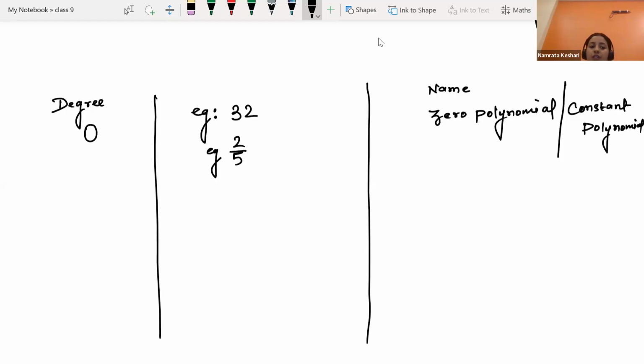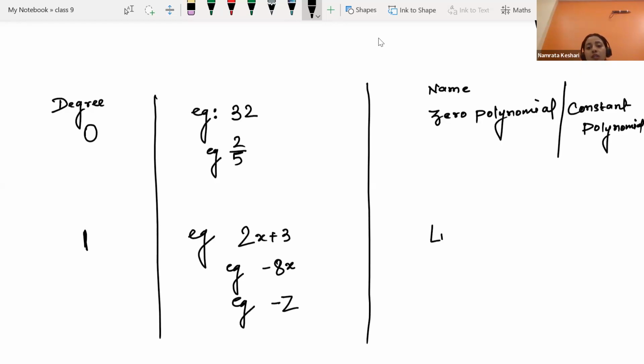Next, if the degree of the polynomial is 1, your polynomial will look like 2x plus 3, or maybe just minus 8x, or maybe just minus z. These are all examples of a degree 1 polynomial, and the name of this polynomial is linear polynomial.